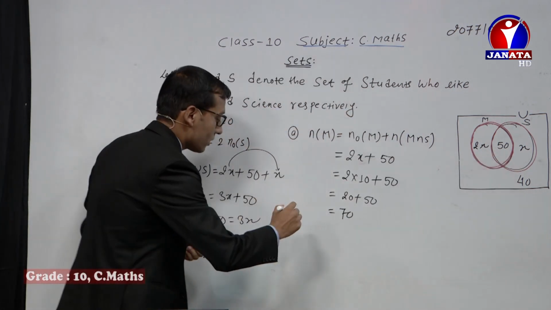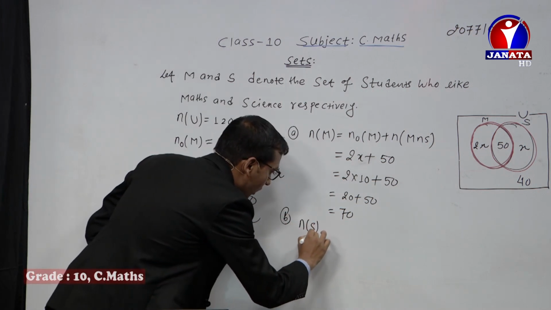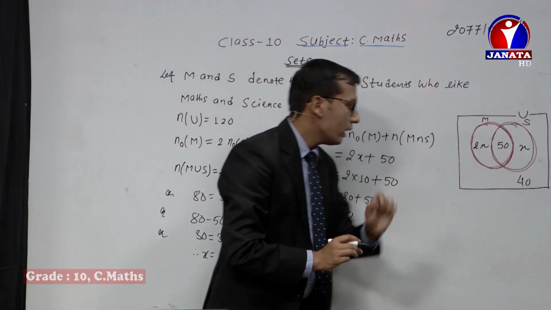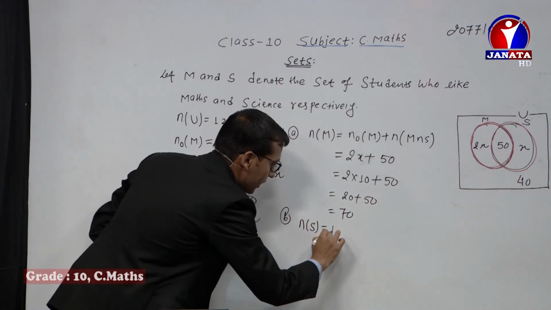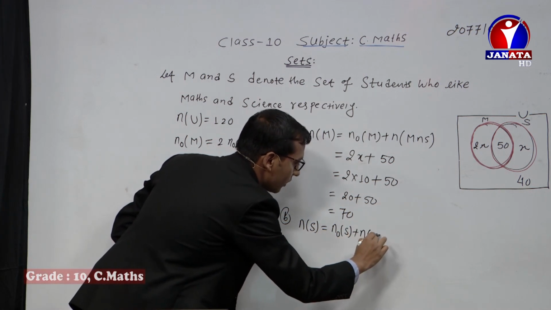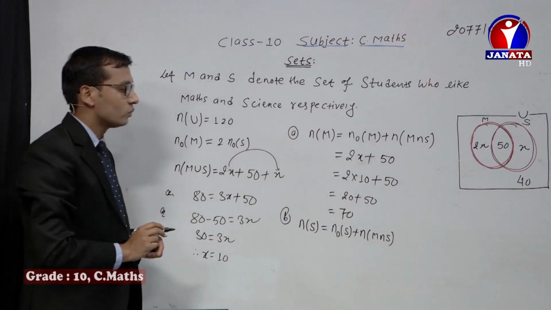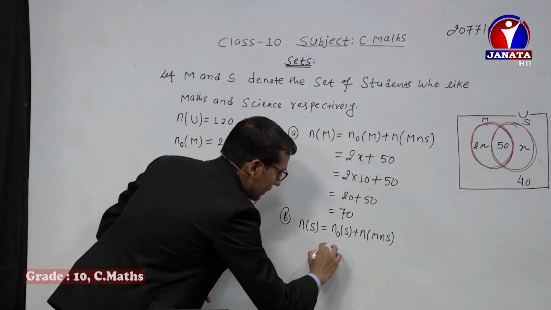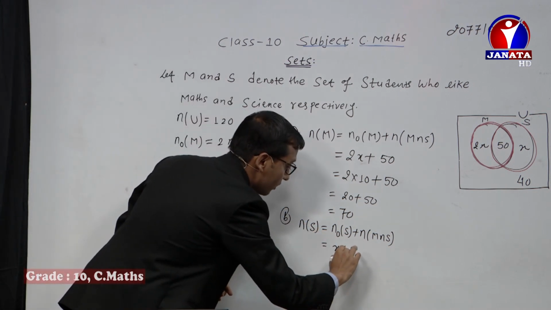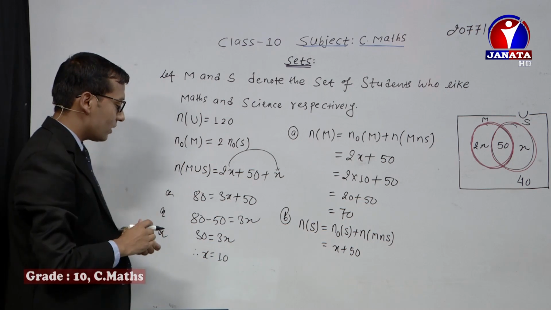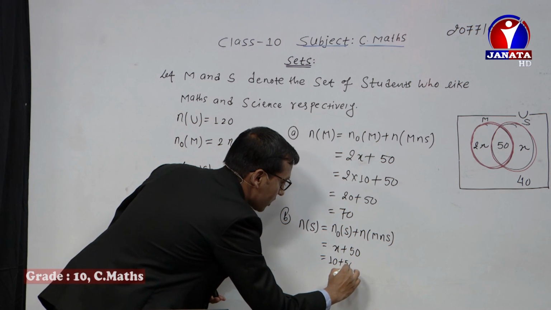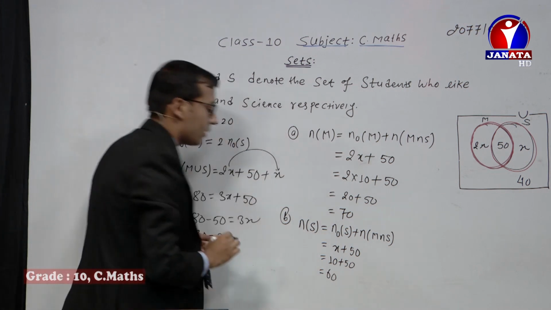So n of S is n only S plus the intersection. So n only S is x plus what is the intersection? 50. So if we put x equal to 10, 10 plus 50, this is 60.